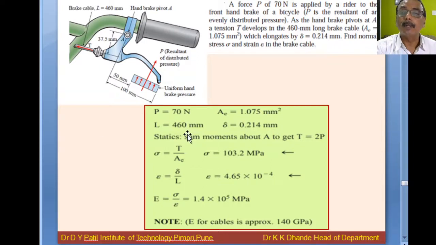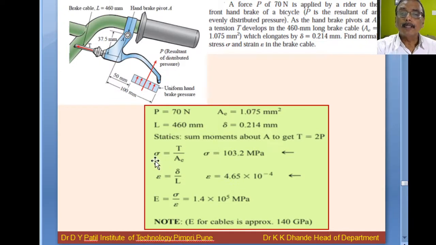So our equation becomes P into 75 is equal to T into 37.5. In that case you will get T is equal to twice P.